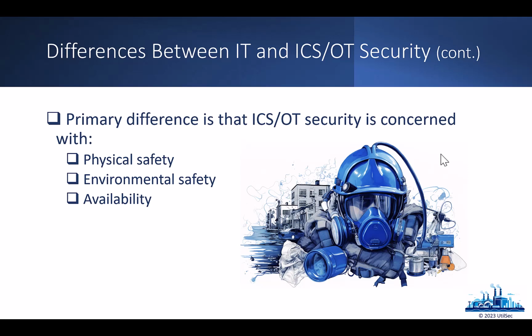There are serious potential consequences when we have issues with certain types of facilities, like an explosion at a petrochemical facility that could have a substantial, significant impact on the surrounding environment. So we're always concerned with ensuring physical safety. We also think of the safety of the environment around the facility.